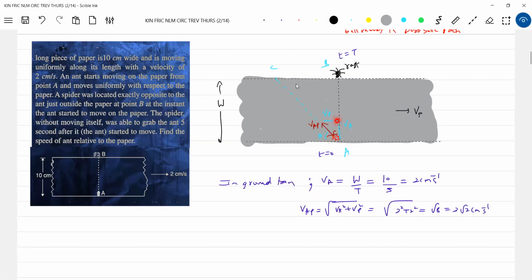That was the condition given for us. It will reach here. So at what angle theta should it move? Theta must be 45 degrees. Not 45, I'll work it out. Tan theta will be VA by VP. VA is 2, VP is 2, so 45 degrees it will come.